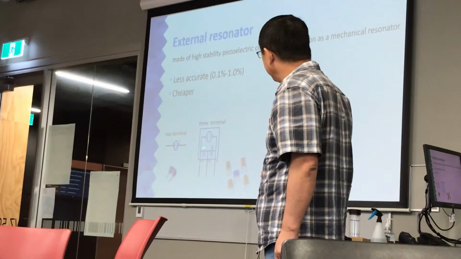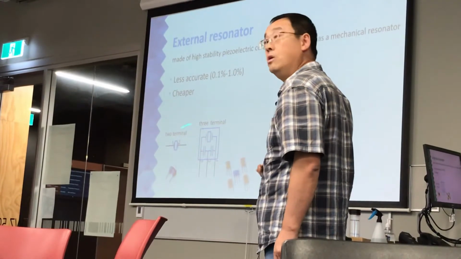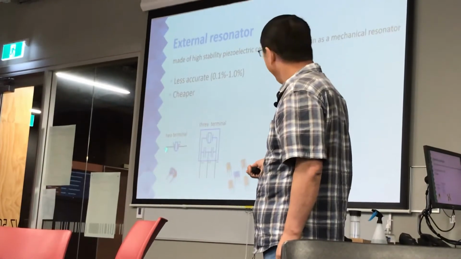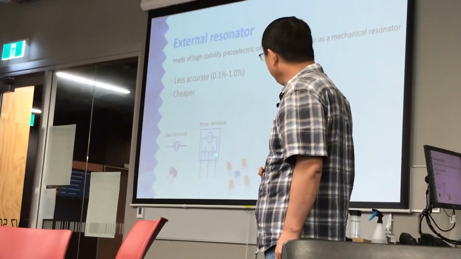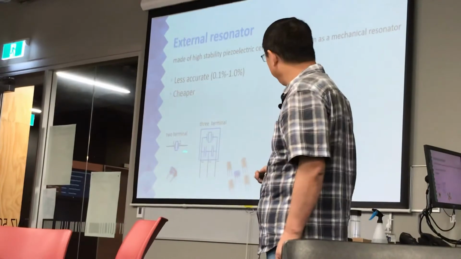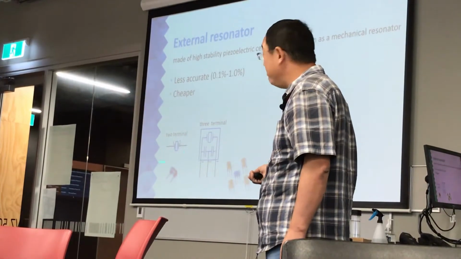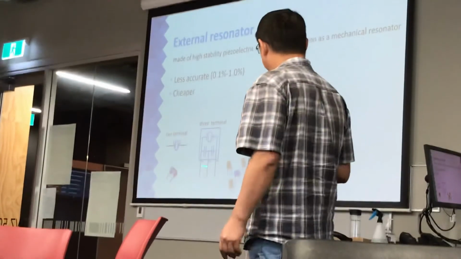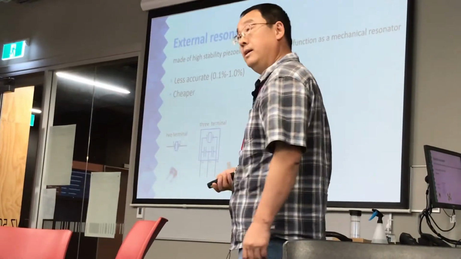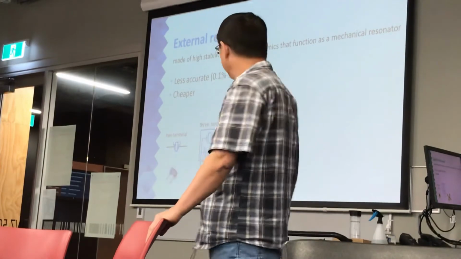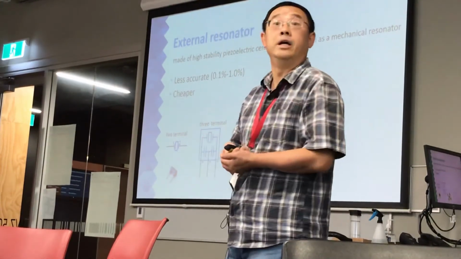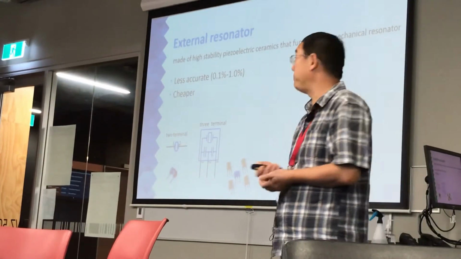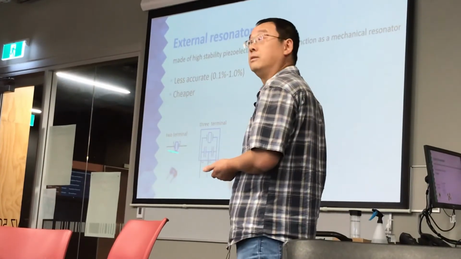They need capacitors, and there are two different kinds of resonators. One comes with 2 pins, and you still need the capacitors; you need to put external capacitors to make it work. But you can also buy the 3 pin external resonator, then you don't need the actual capacitors to make this clock work. That depends on what sort of resonator you're going to buy.